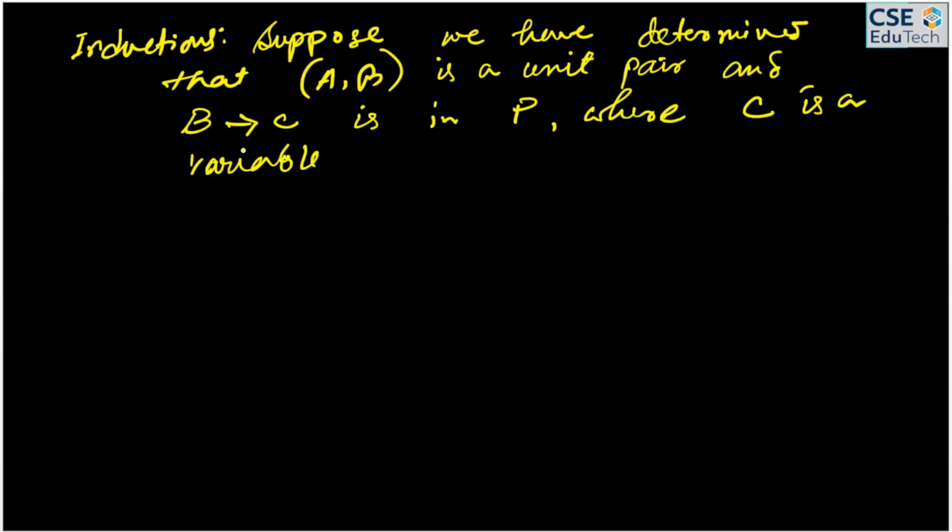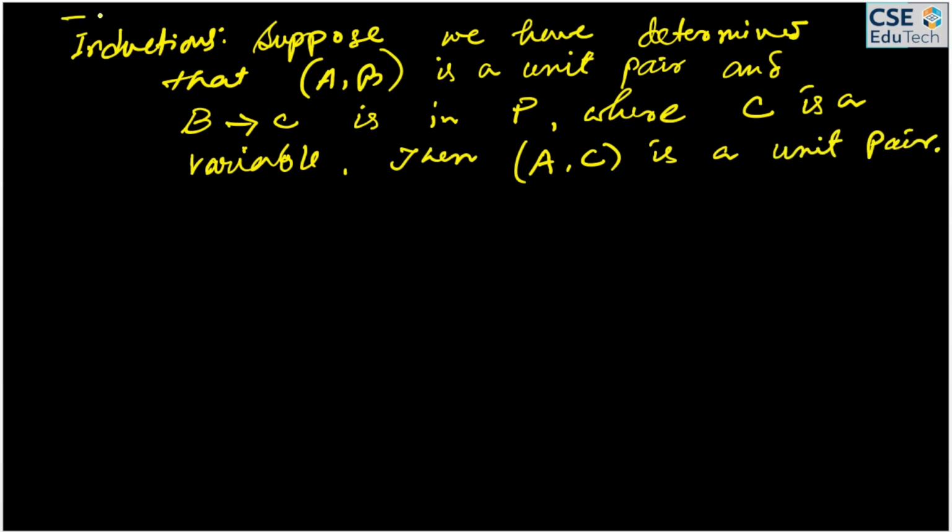Then (A, C) is also a unit pair. Now, by using these two concepts, basis as well as induction, we can find all the unit pairs. So, to remove unit productions, the initial step is to find all the unit pairs.